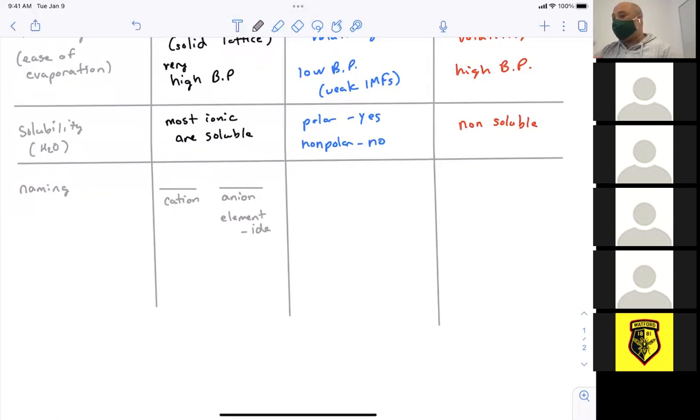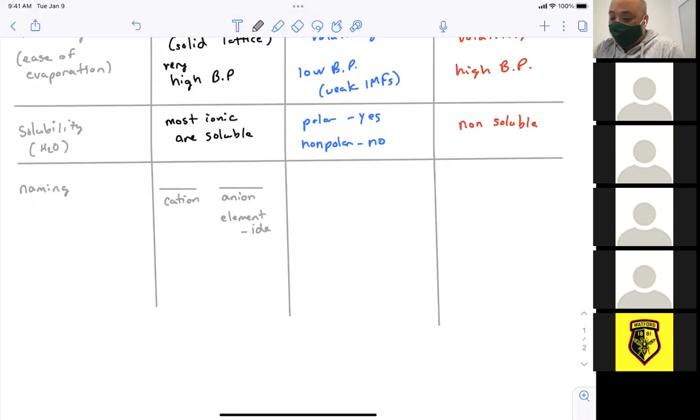If it's a polyatomic, you leave it alone. Cations, you should never change anything to the name. So the positive ion, whether it's metal or even a polyatomic, you don't ever change the name. The only time you change the name is if it's an element anion, and you change to IDE. Sulfide, oxide, chloride, all that stuff.